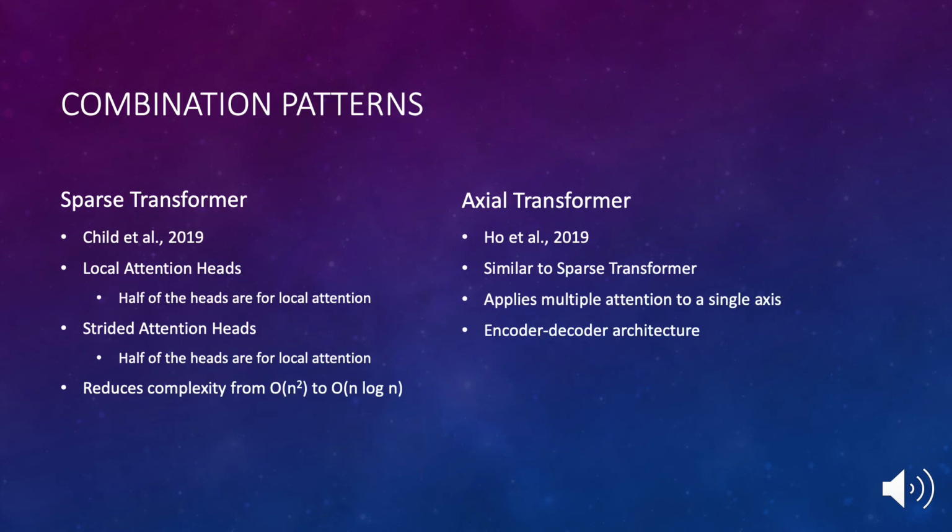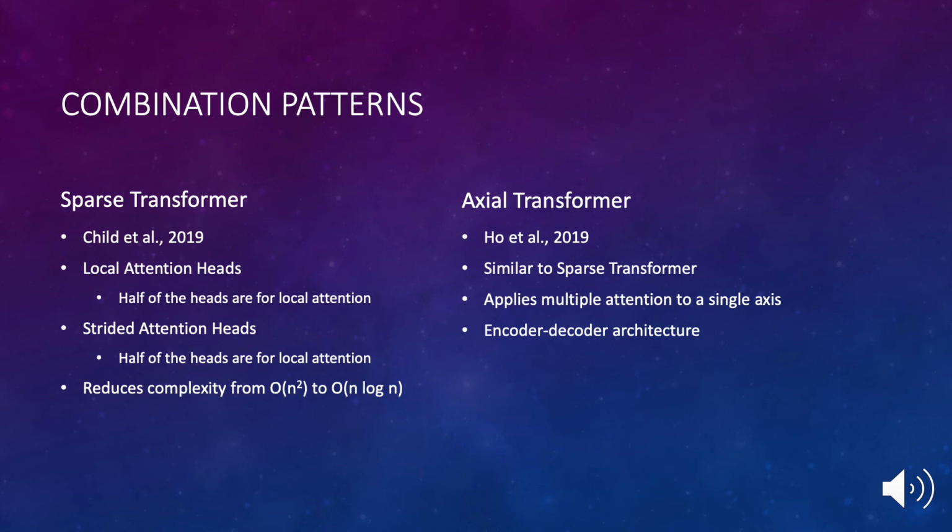The next set of architectures are combination ones, starting with the sparse transformer in 2019, where instead of using strictly local attention heads, they use local attention heads for half of them and strided attention heads for the other half.